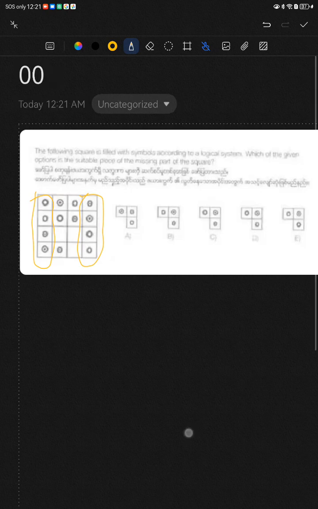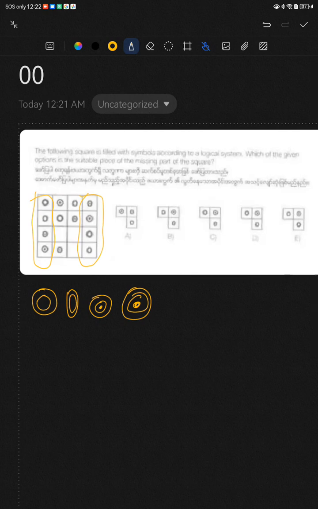The four different symbols are this big O, this small O, this small Nazar looking thing, and the big Nazar looking thing. They don't appear more than once in the rows nor columns that are filled.